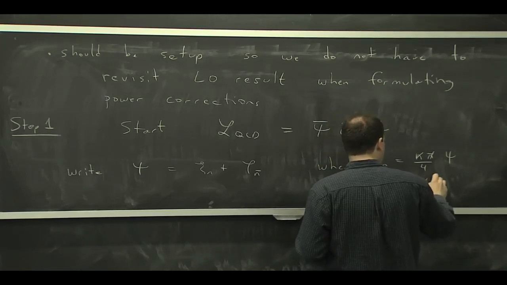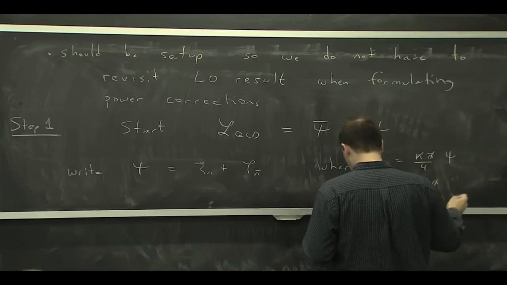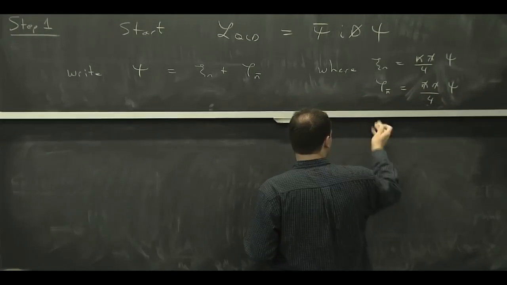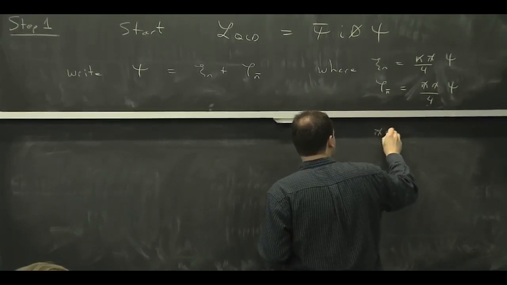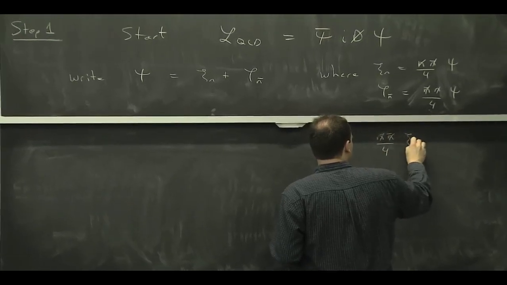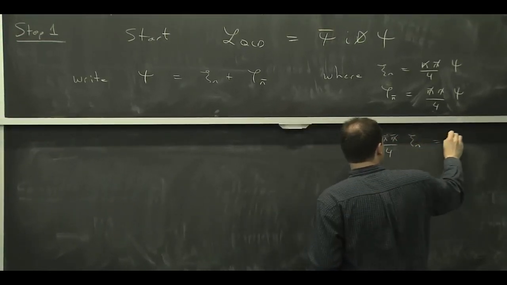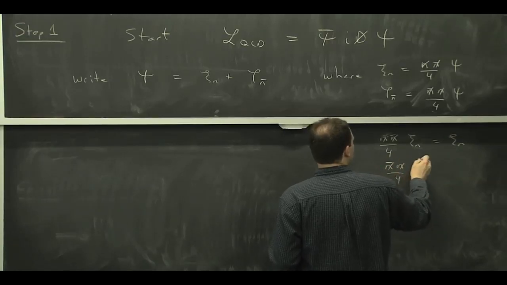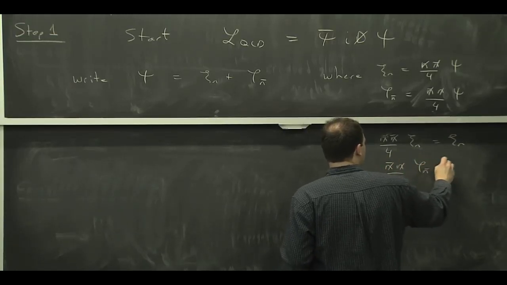So these two fields have a projector on the full theory field, and they obey n bar slash n slash over 4 ξ_n is ξ_n, and n slash n bar slash over 4 φ_n bar is φ_n bar.